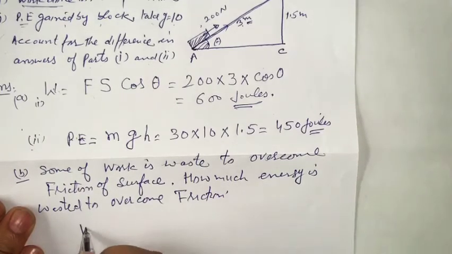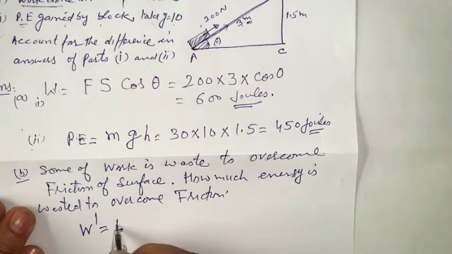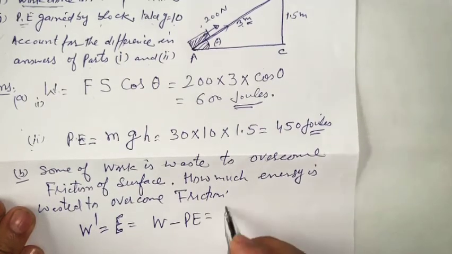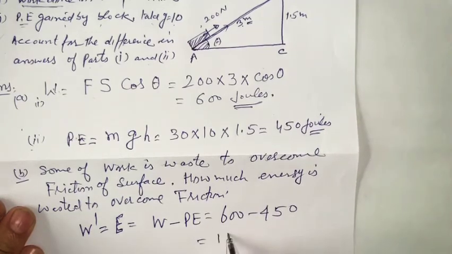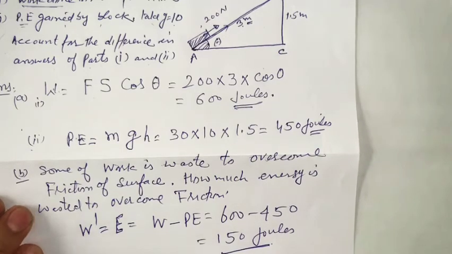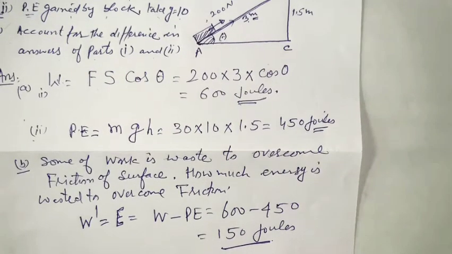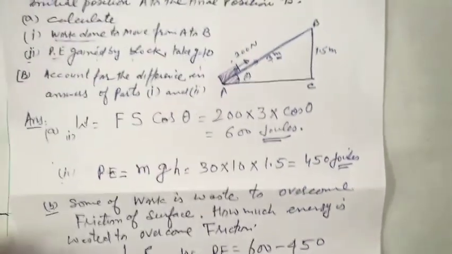Let that be W dash, or say energy E. So this is equal to work minus potential energy, that is equal to 600 minus 450. The answer is 150 joules. This amount of energy is wasted to overcome the friction. Okay.